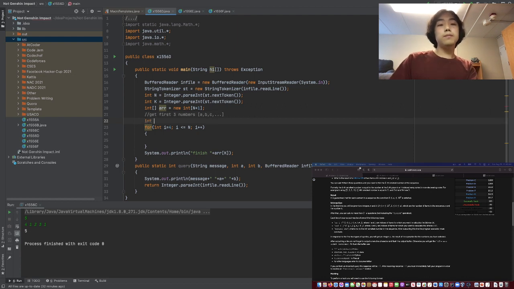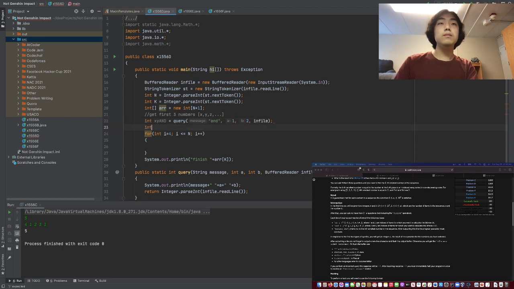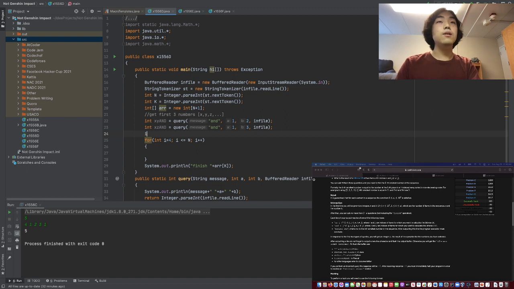Okay, so int ac and is equal. Okay, I'll do it x, y, z. Yeah, x, y and is equal to query and 1, 2 in file, and x, z and is equal to query and 1, 3. Wait, n is always 3, right? Or at least 3, yeah.